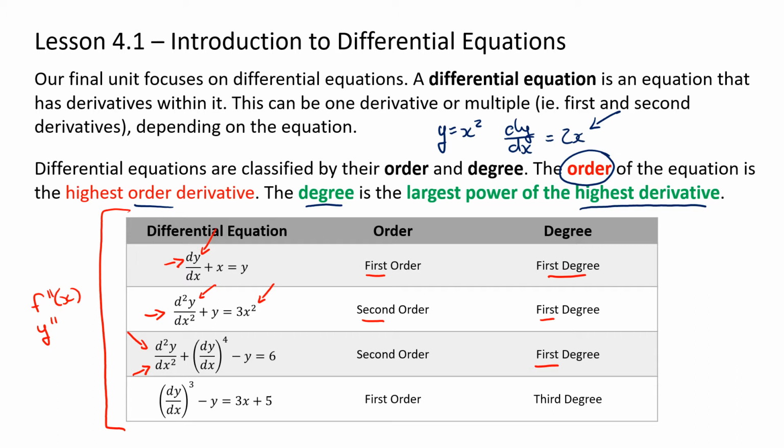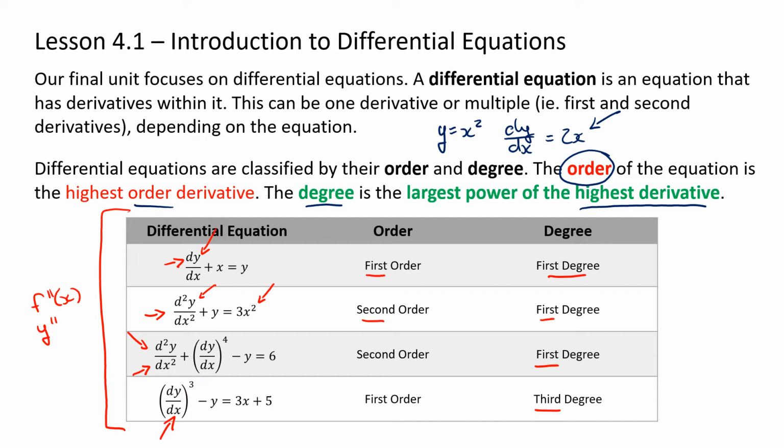Our last example, dy by dx cubed minus y equals 3x plus 5. It's a first order differential equation because we only have the first derivative here. And it's a third degree differential equation because the highest order derivative, which is the first derivative, has the exponent 3.